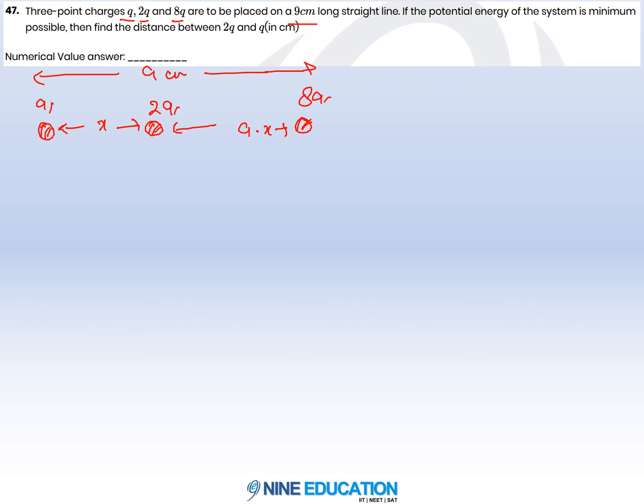So what is the potential energy of this system? Let's mark the number of charges 1, 2, 3. So total potential energy is potential energy of interaction between 1 and 2 plus 1 and 3 plus 2 and 3. Potential energy between two charges is k q1 q2 upon separation between them, right?